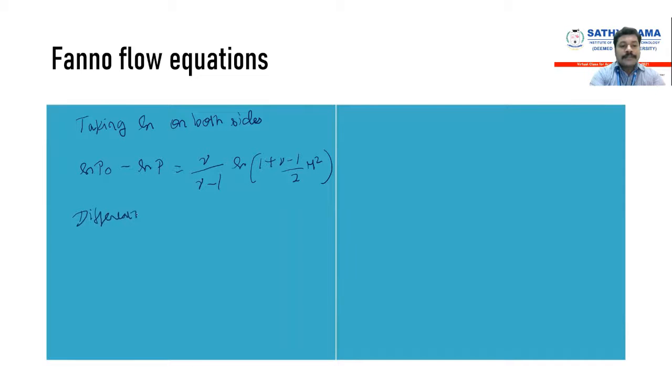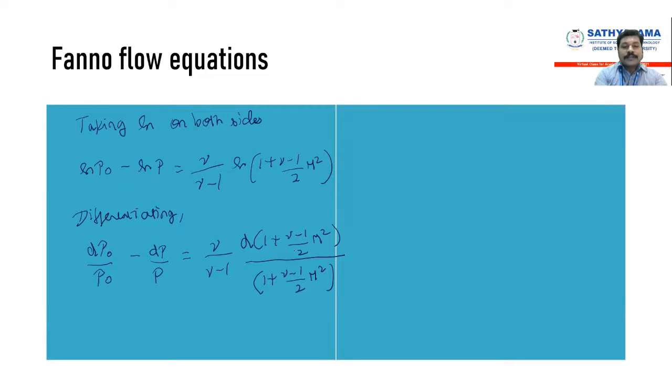On differentiating, what we get? dP naught by P naught minus dP by P is equal to gamma by gamma minus 1 remains there, and then differentiating this term we again have the same term, 1 plus (gamma minus 1) divided by 2 M square, in the denominator.